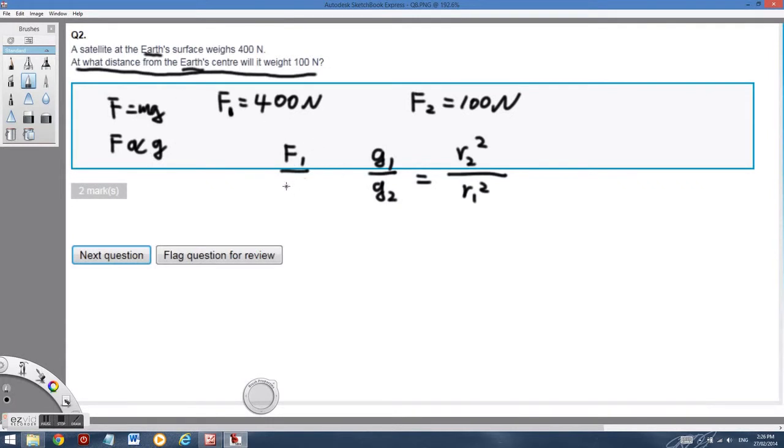So F1 divided by F2 must be g1 divided by g2. So we put it in an equation: 400 divided by 100 must equal R2 squared divided by R1 squared. At position 1 is Earth's surface, so it's the radius of the Earth squared. Solve this equation.